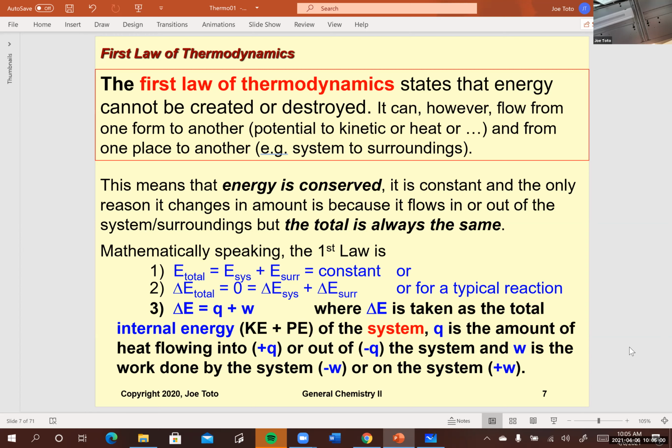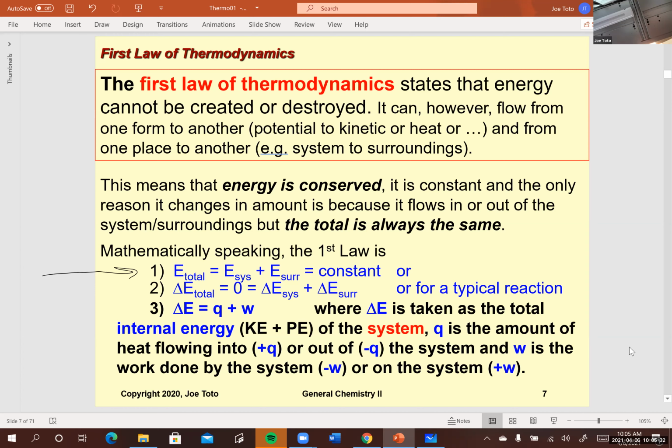And how that can be shown in a mathematical form is any one of these equations down below here. For example, if energy can't be destroyed and it can't disappear, then the total has to be a constant. So the energy of the universe equals the energy of the system plus the surroundings, and it has to be some number. It has to be constant.